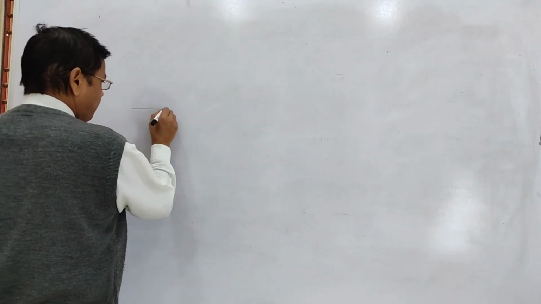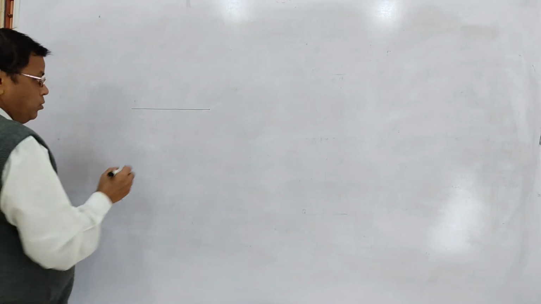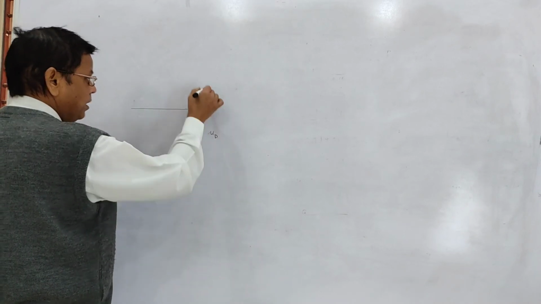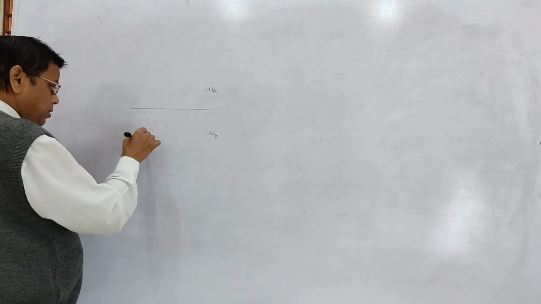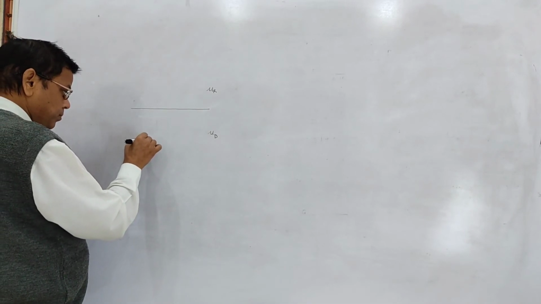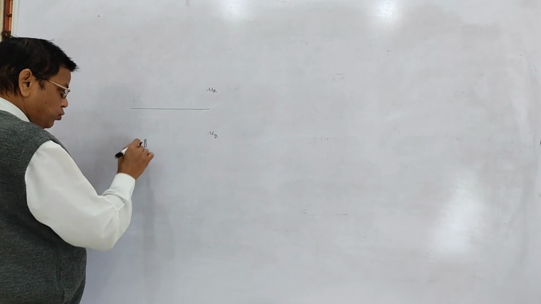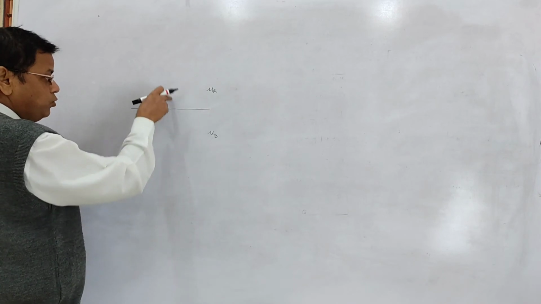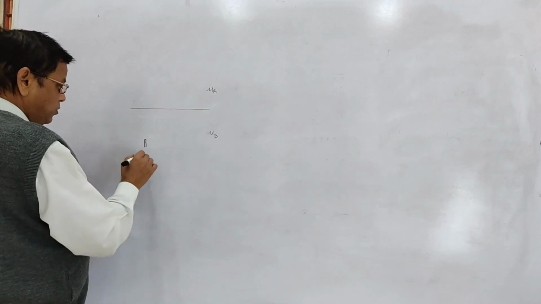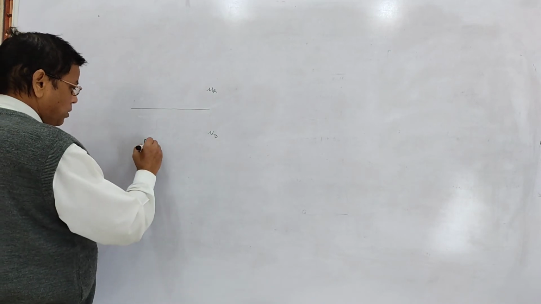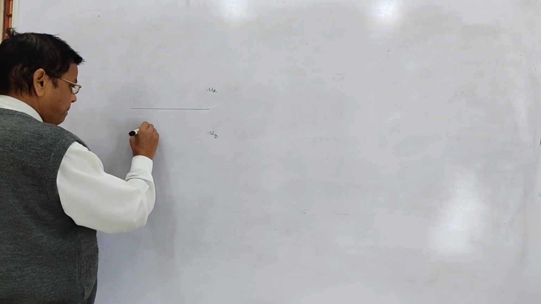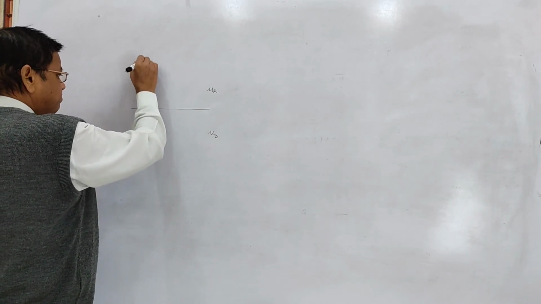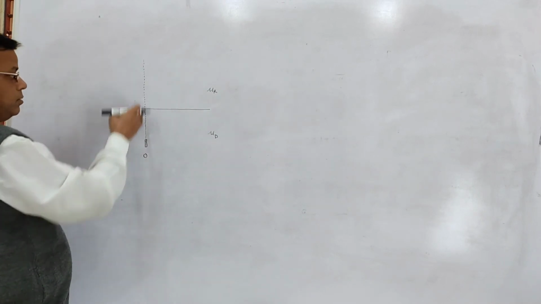Suppose an object is in a denser medium. Suppose this is the denser medium and this is the rarer medium, and here the object is like this. This is an object whose length is perpendicular to the interface separating the two media. So this is my object. Now how will the image of this object be formed? The ray which is going perpendicular will go undeviated.